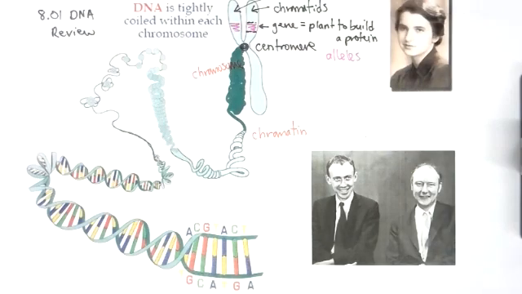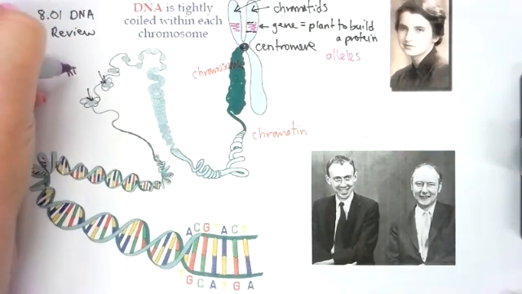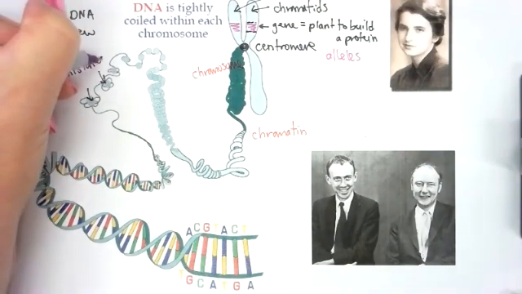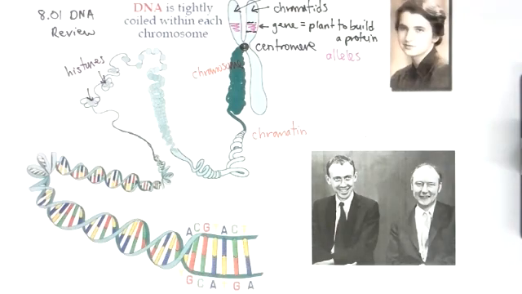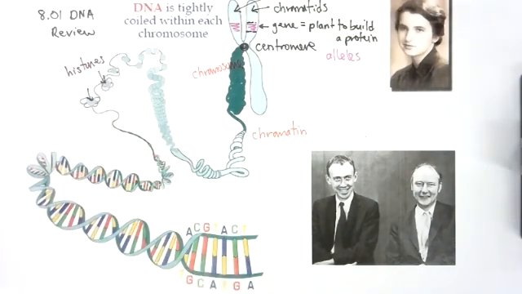In order to curl up, it curls up around proteins called histones, and what we see here are histones. As we go in at a more magnified view, we begin to see the shape of DNA, and we've got this unique double helix. So it twists together in a double helix.